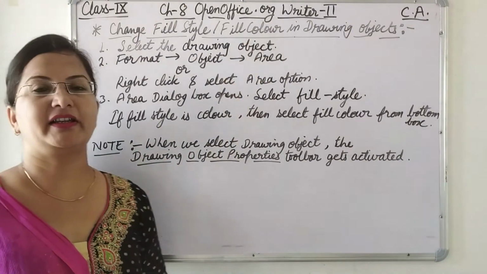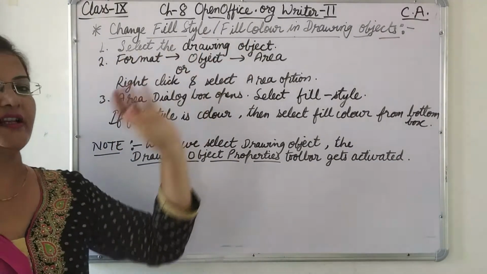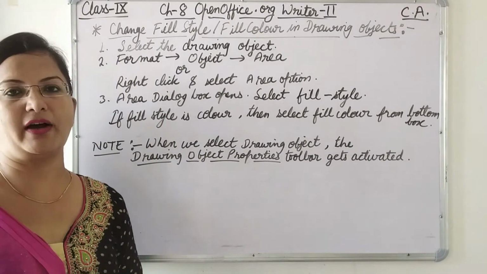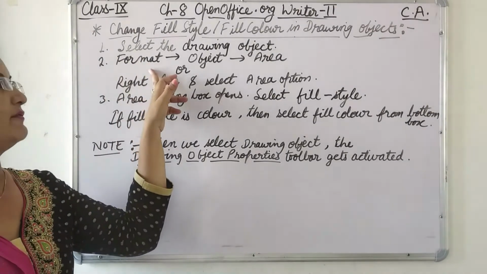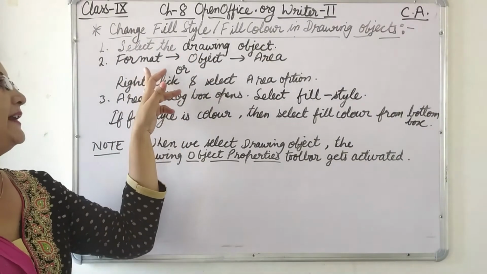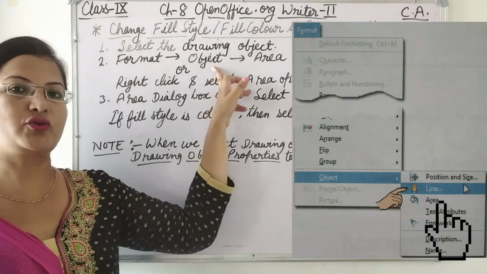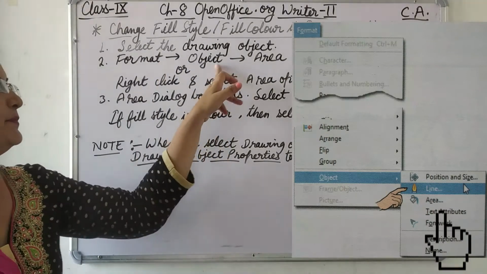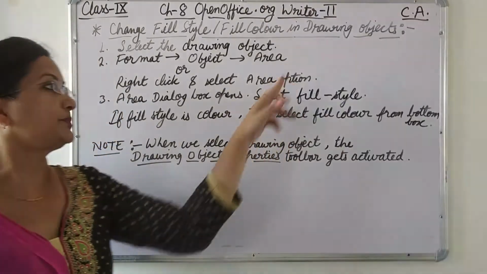In fill color we can select colors. For that we have to select the object first. Like if you have inserted a circle, then we select the circle, and then click on format in the menu bar. Then we choose the object option from there. Then we choose the area option from the submenu.